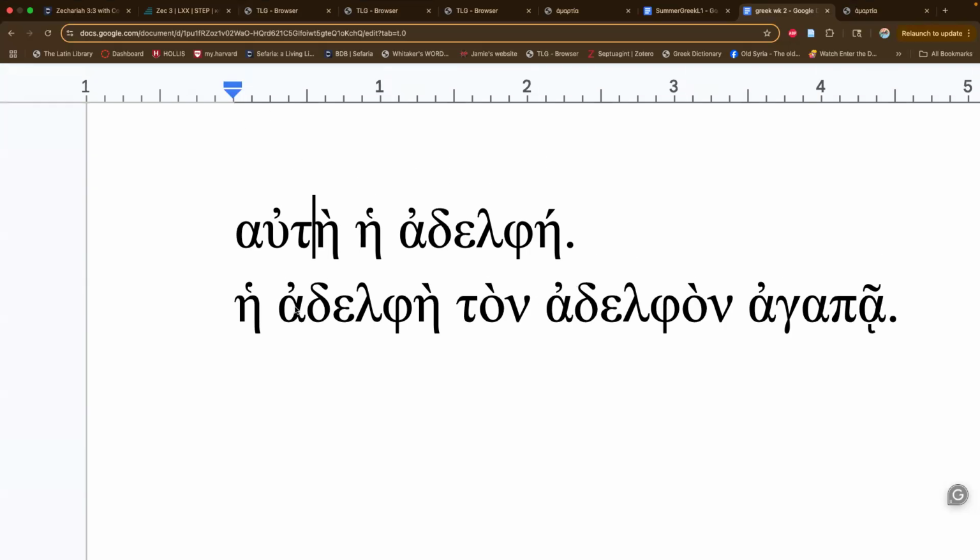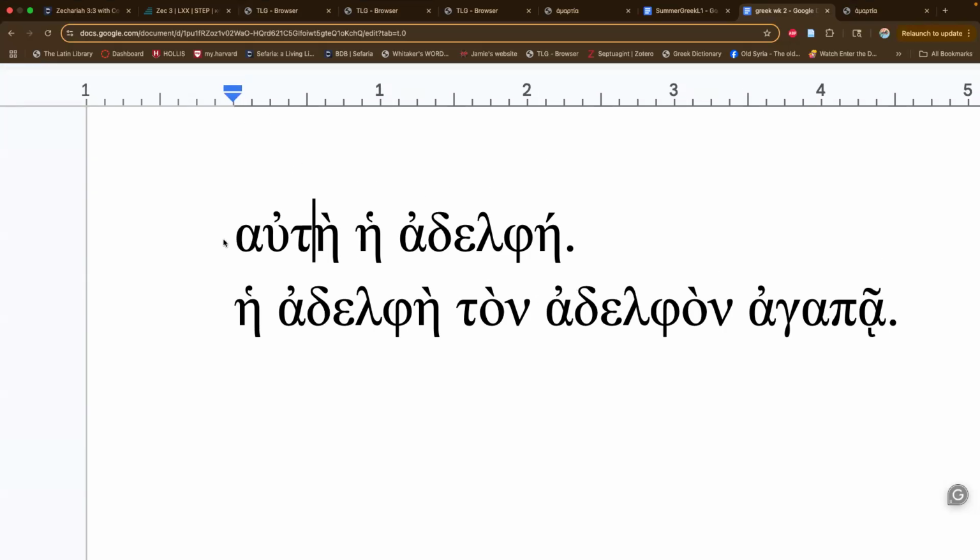So I have an example here. Here you have aute he adalphe. The accent is on the last syllable, but it's the last word in the sentence. So it's going to get an acute because it's not noting that you should read forward. There's a period there. In the second example, he adalphe ton adelphon, you'll notice that it's a grave because it's telling you keep reading.